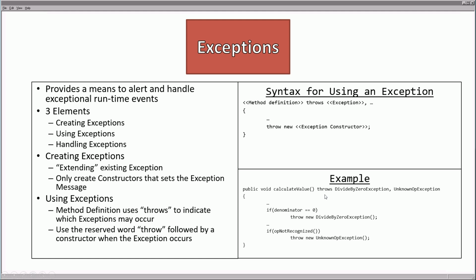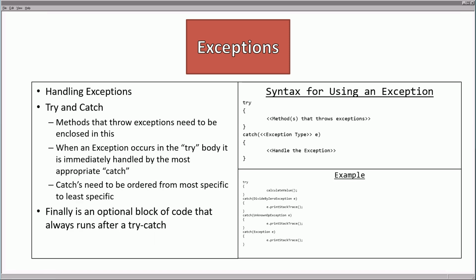Along with that, when we're defining this in the method definition in Java, we use the word throws. But whenever the exception actually happens, so let's say that there's some more code here, but if the denominator is equal to 0, then what we do is throw a new divide by 0 exception. So this is the reserved word to throw the exception, and this is the constructor call to construct the exception.